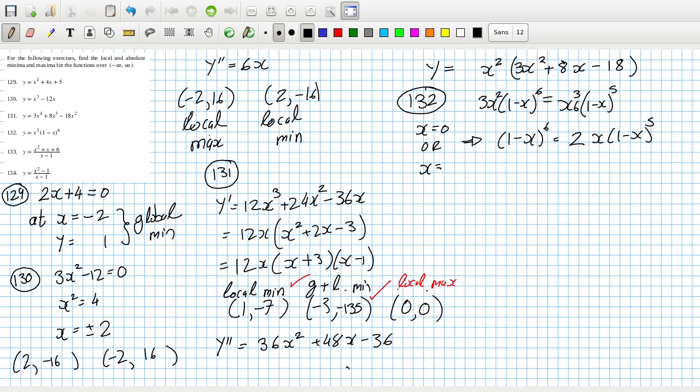So you could have x equals 1, or, let's get rid of that possibility, 1 minus x equals 2x. So that means we have x equals a third. So we've got 0, 1, or a third. So 0 yields 0, and 1 yields 0. What will a third yield?